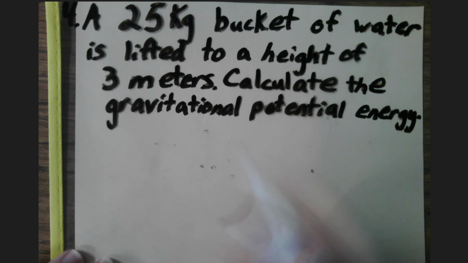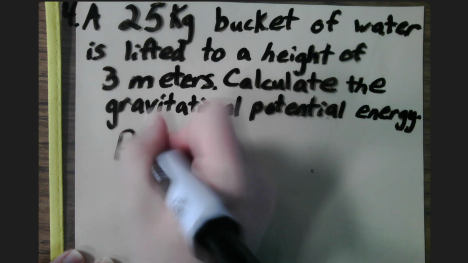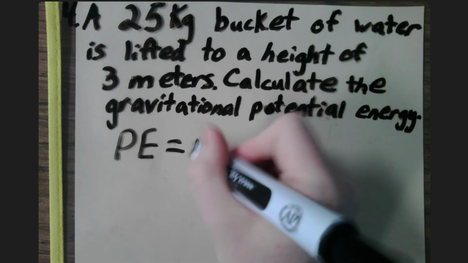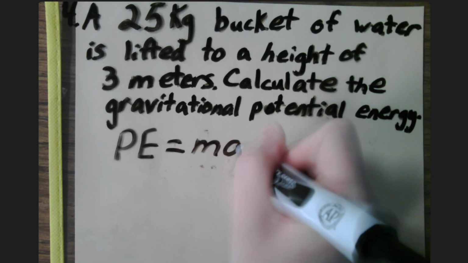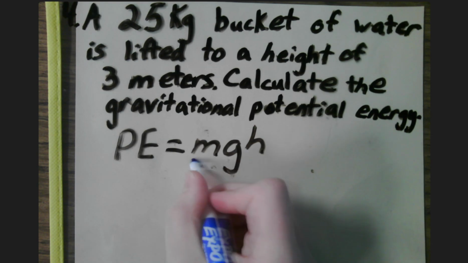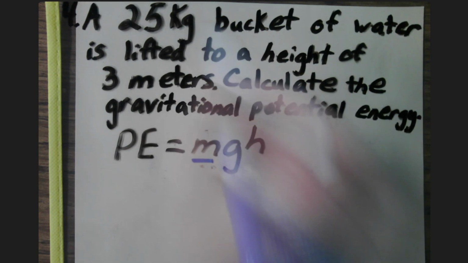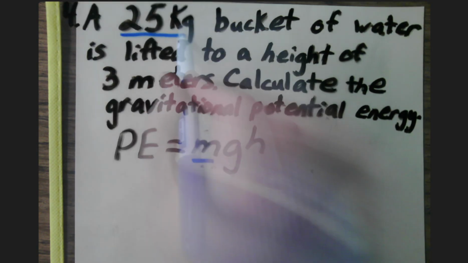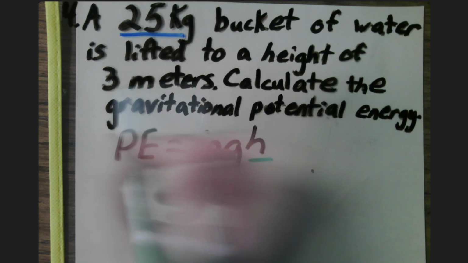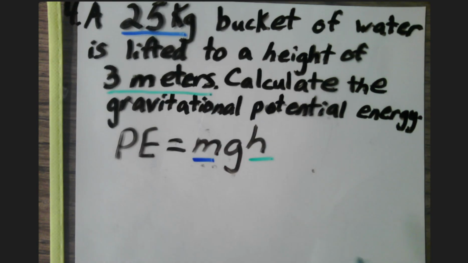So potential energy, or PE, we're going to use the formula mass times gravity times height. So mass, we're going to do blue. Mass is 25 kilograms. Height, we're going to do green. Our height is 3 meters.